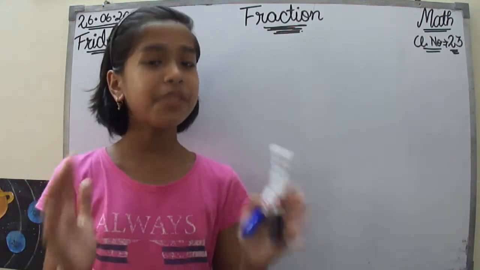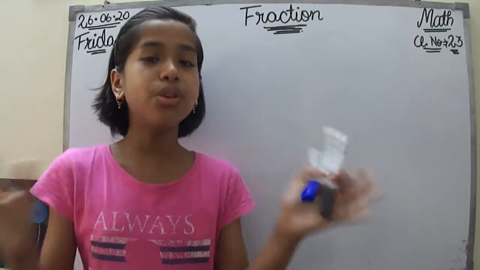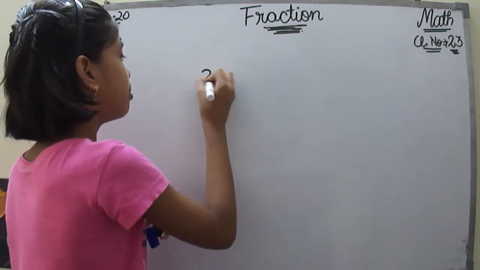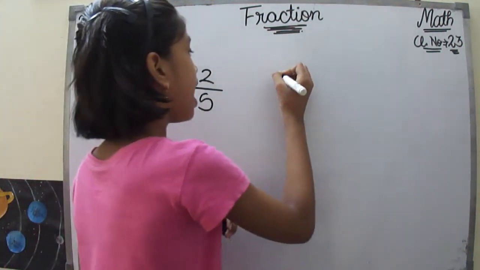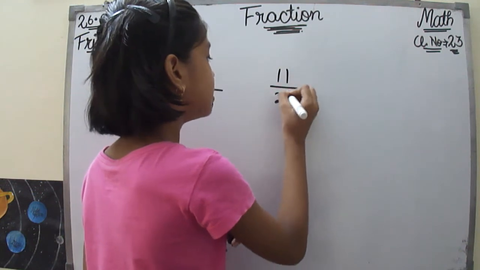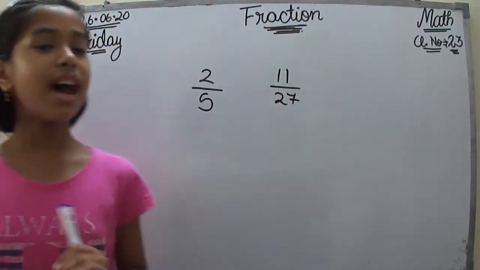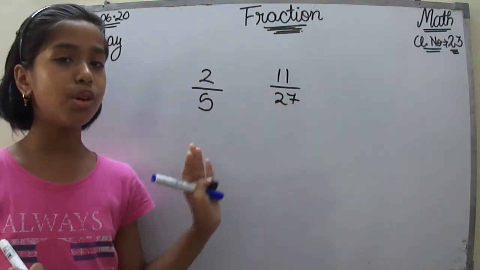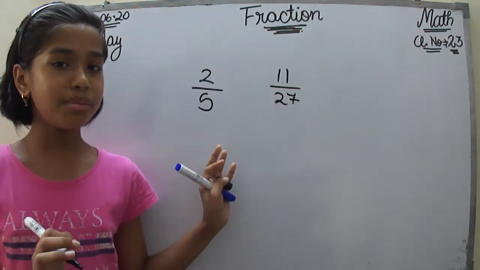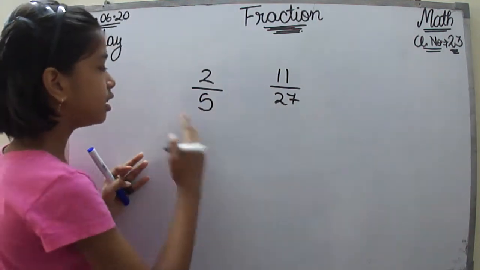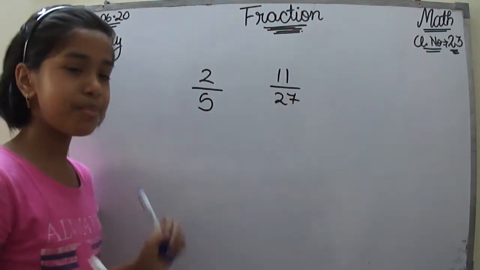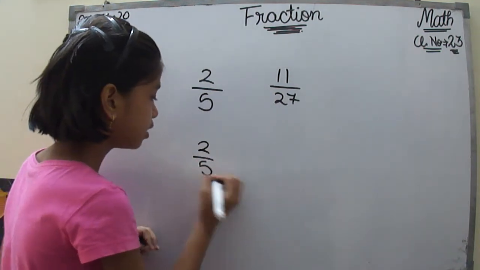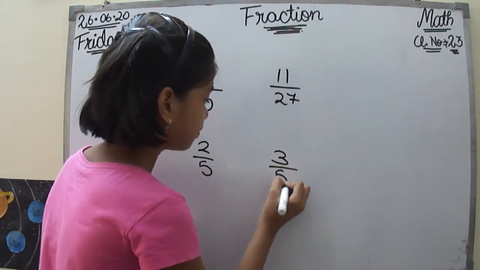If I have two fractions, for example, 2 upon 5 and 11 upon 27, and let me have another pair of fractions, 2 upon 5 and 3 upon 5.